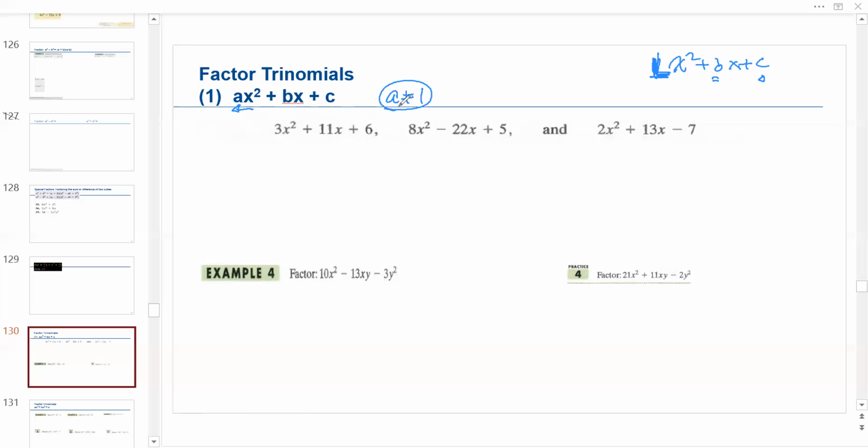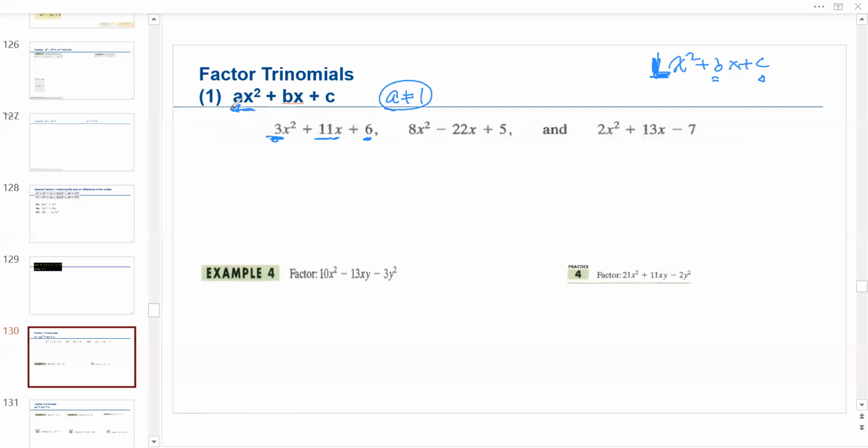So let's see this example. How do we factor it? This is a little bit different, right? This a is 3, b is 11, and c is 6.